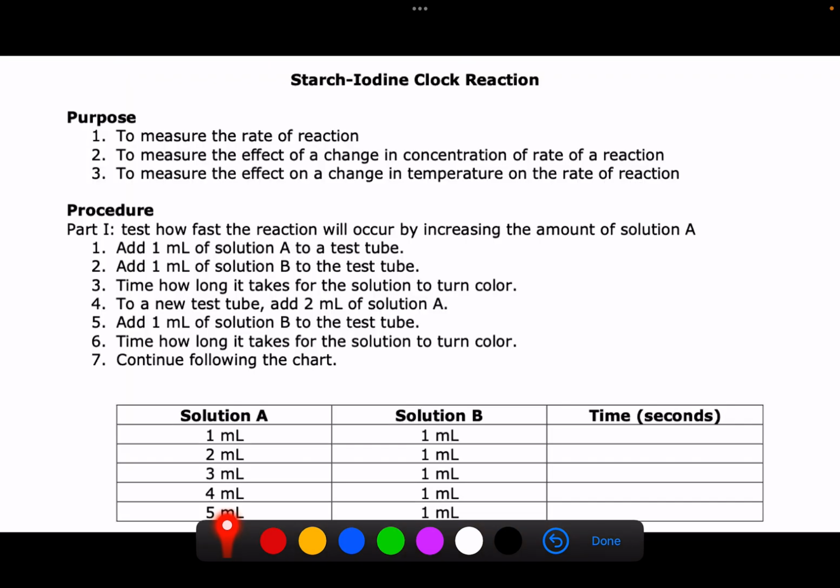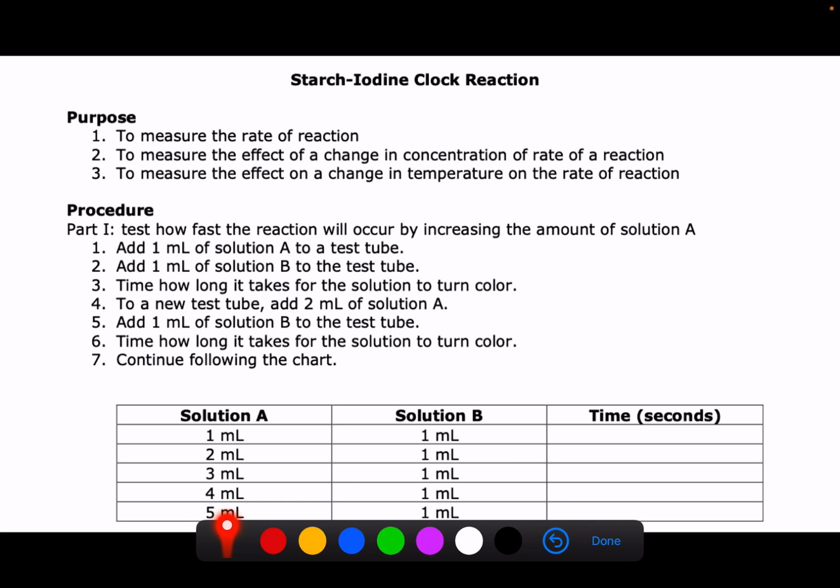Okay, so your lab. There are several sections to your lab. I'm going to have solution A, solution B. You need to measure out these amounts. You're going to have your test tubes lined up. Make sure you label them, and you're going to have to time them.